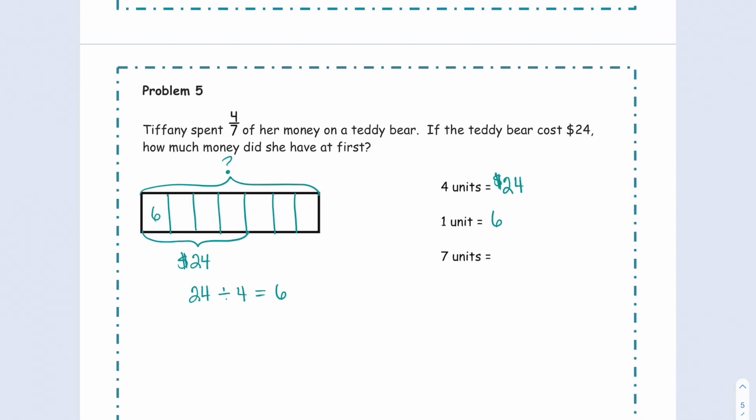So in each box, we're going to have a 6. So 1/7 would be $6. I'm going to put a dollar sign there. So if I take them all, I could add 18 plus 24, or I could just take 6 times 7. So she started out with $42.